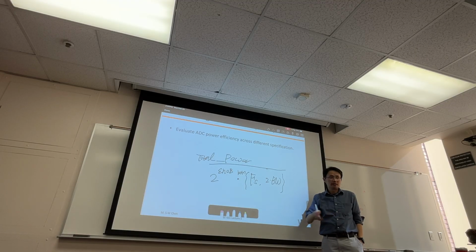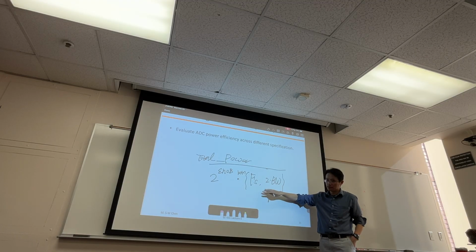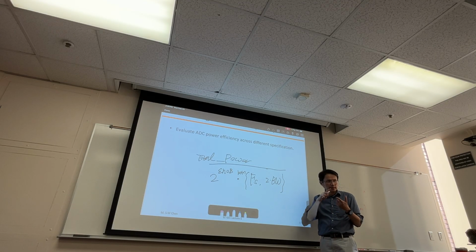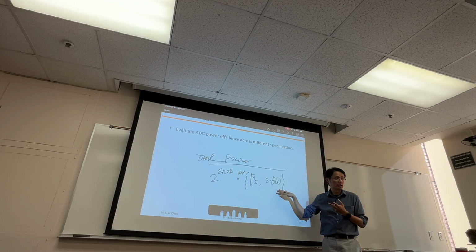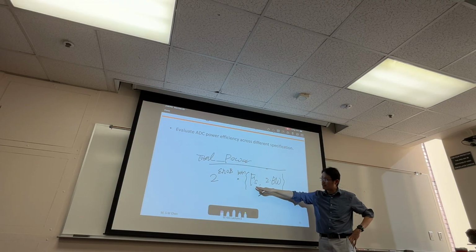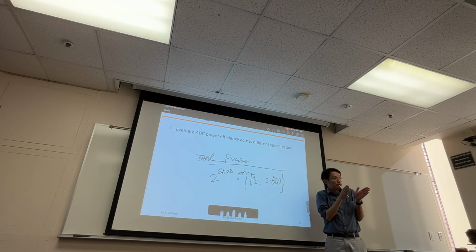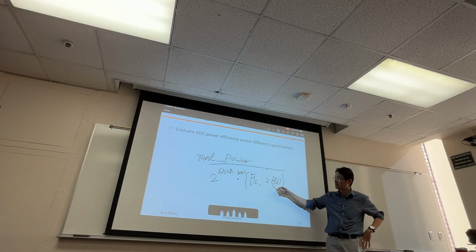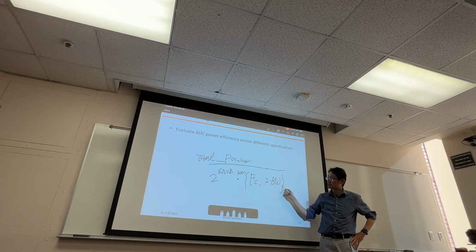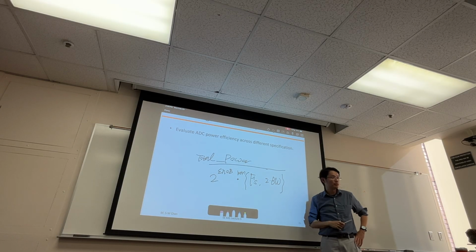The reason I have to write it like this is because I talked about subsampling, Nyquist sampling, and oversampling. This is for oversampling, when your Fs is much faster but your signal bandwidth is much narrower. In that case, you have to use twice the bandwidth.